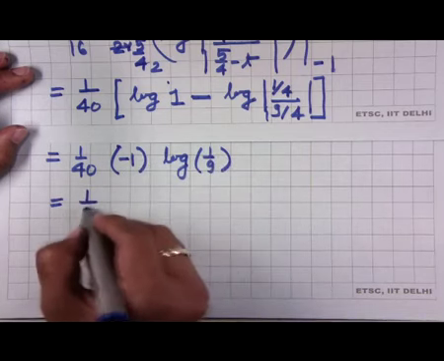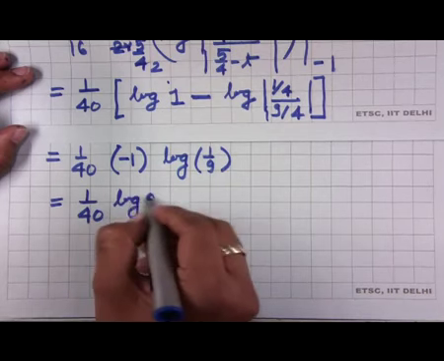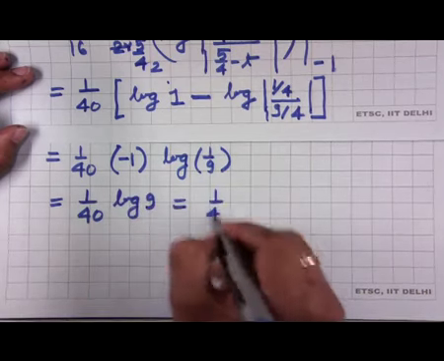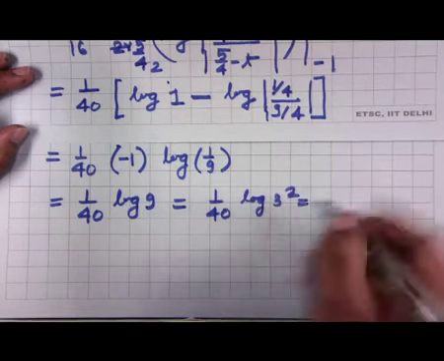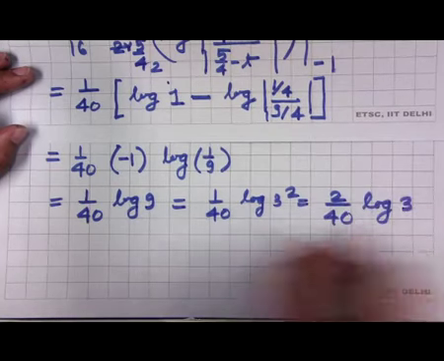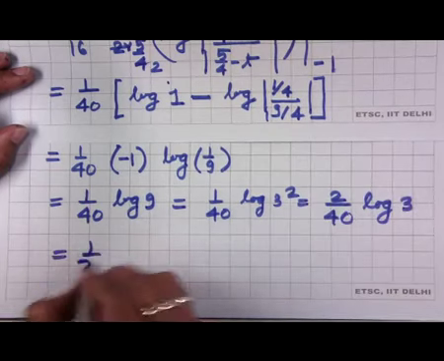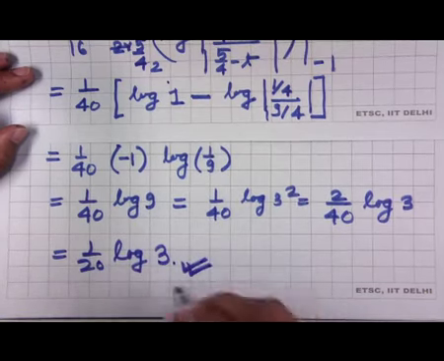So you get 1 by 40 log 9, which you can write as log 3 square, which is 2 log 3. So 1 by 20 log 3 is the final answer.